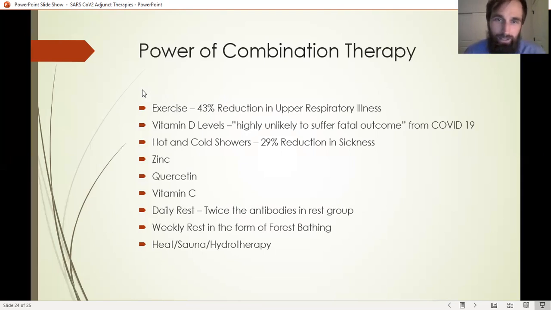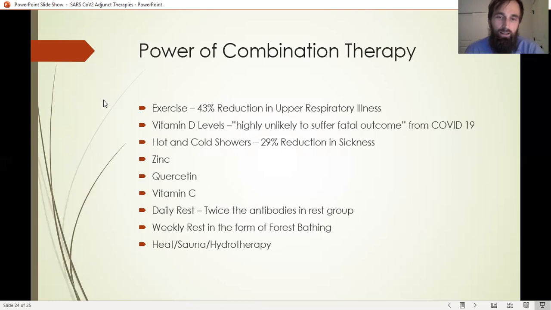I work in a high risk setting because I'm with COVID positive patients every single day that I'm working. ICU, ER, some of them are being ruled out, or some of them have not had a test yet. So if you're in a high risk setting, especially, do everything you can.